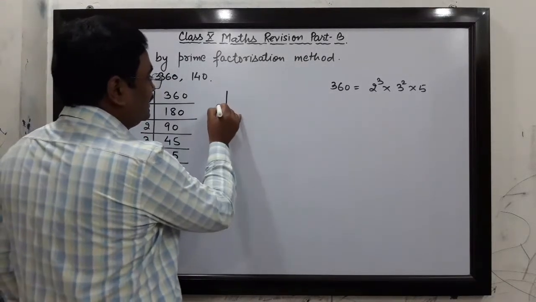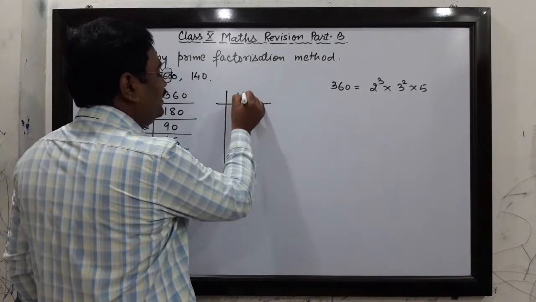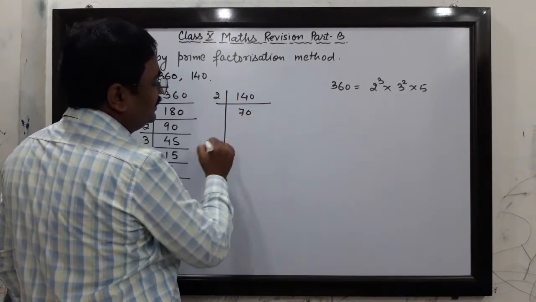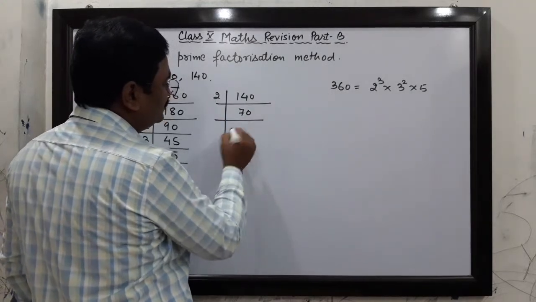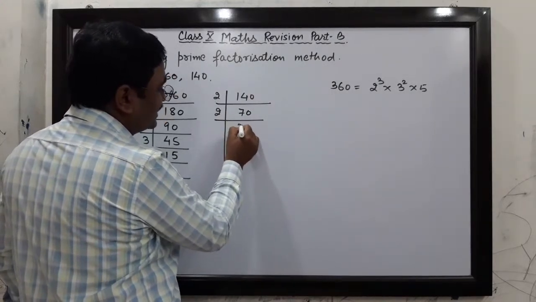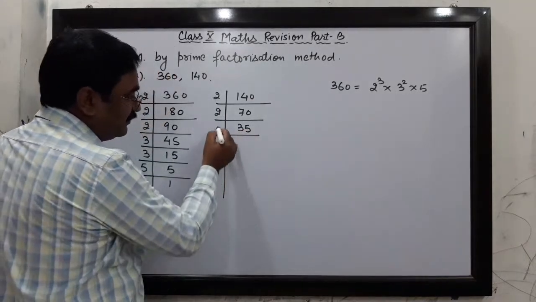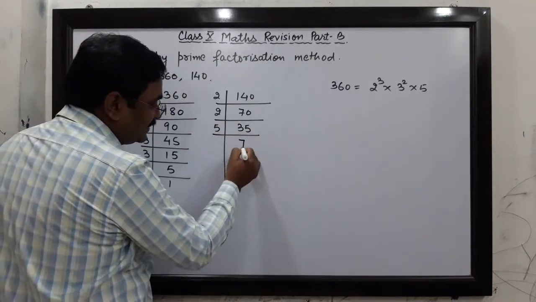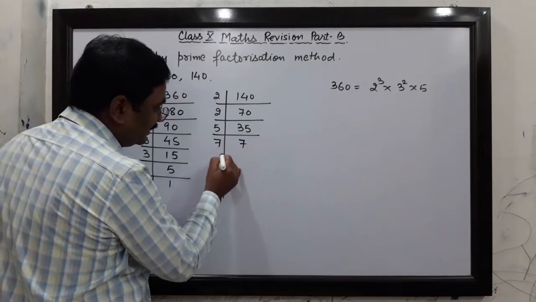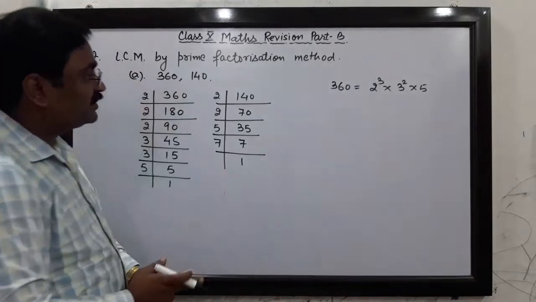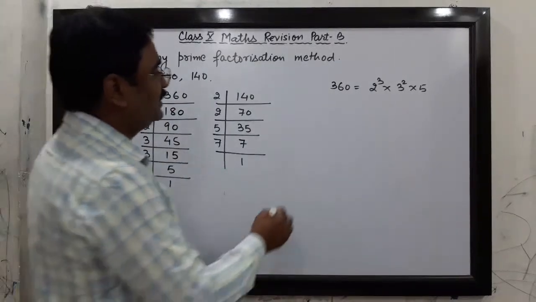Let us factorize this. 140 by 2: 2 sevens are 14, 0, 2 threes are 6, 2 fives are 10, by 5: 5 sevens are 35 and by 7. So we got the prime factors of the number 140.